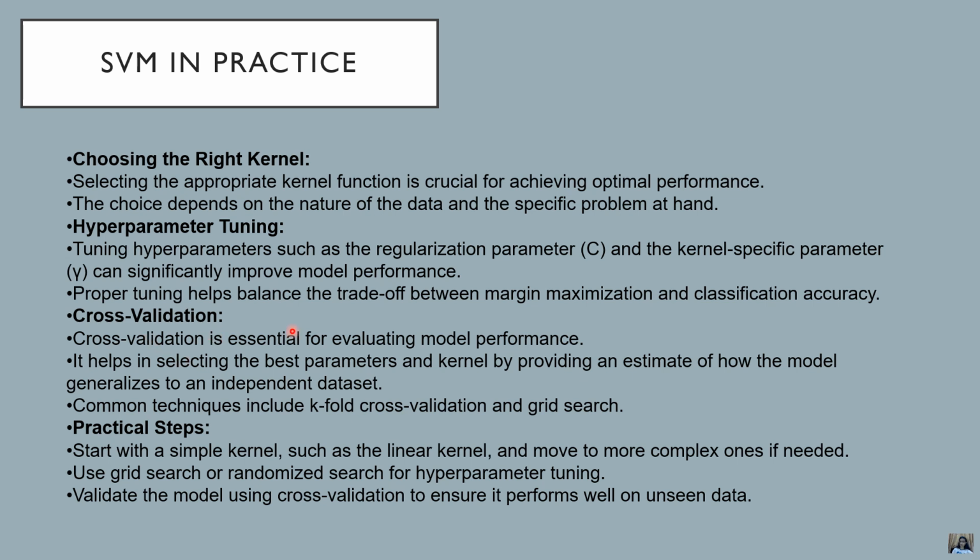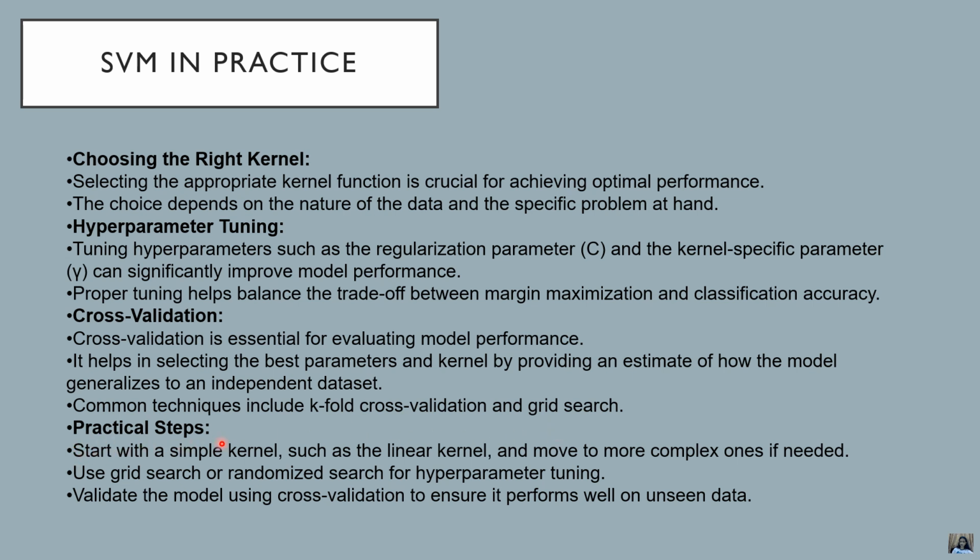Next comes cross-validation. Cross-validation is essential for evaluating the model performance. It helps in selecting the best parameters and kernel by providing an estimate of how the model generalizes to an independent data set. Common techniques include k-fold cross-validation and grid search.